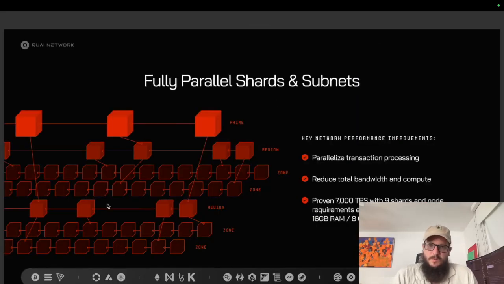The way that we're able to scale proof of work is using a hierarchy merge bind blockchain, which allows us to fully parallelize transactions through both shards and subnets. This can scale north of 50,000 transactions per second. We've shown it at over 7,000 TPS in a 9 shard setting. And in this architecture, you keep your node requirements pretty low, at something equivalent to an Ethereum validator.